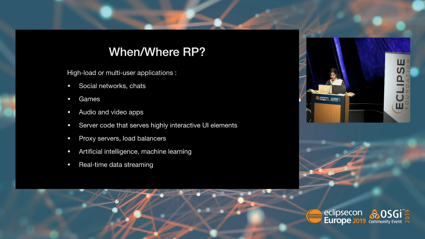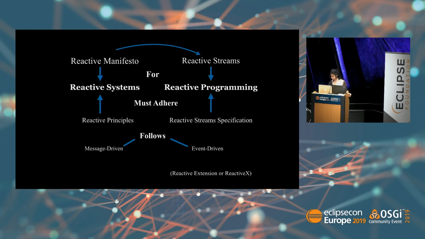You do not need reactive programming there. Yeah, so this was the figure that I was saying, all reactives. So we started with the reactive manifesto, which was made for reactive systems, and reactive systems were built of four principles, reactive principles.